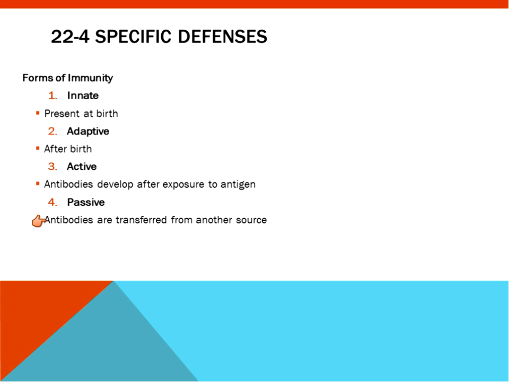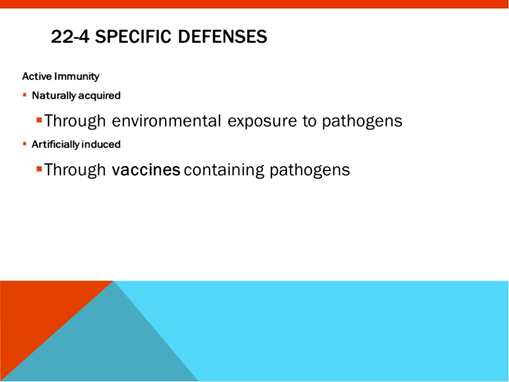Baby was able to get antibodies directly from mom via her breast milk or via the placenta. In either case, antibodies are transferred, whereas if you get the infection or you get a vaccine and you actively make your own antibodies, we consider that active immunity.